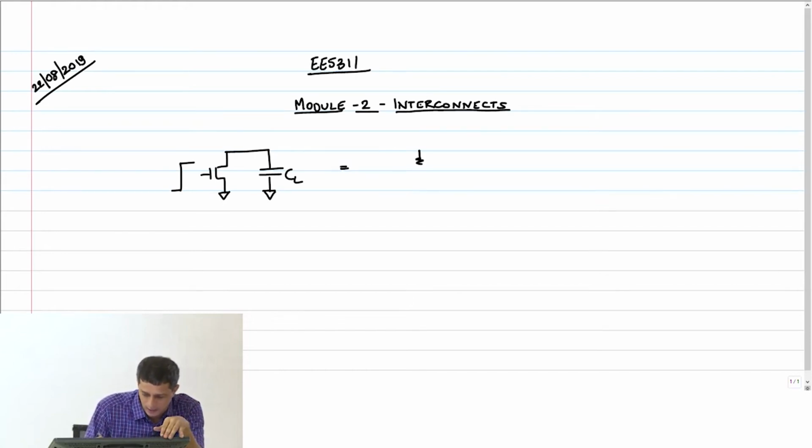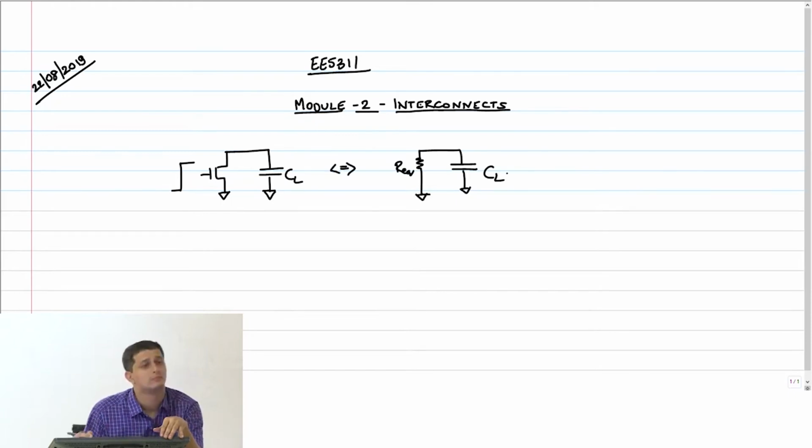and therefore I can treat this as a resistance, R equivalent, into CL. Of course, now when I do this, where is the source?